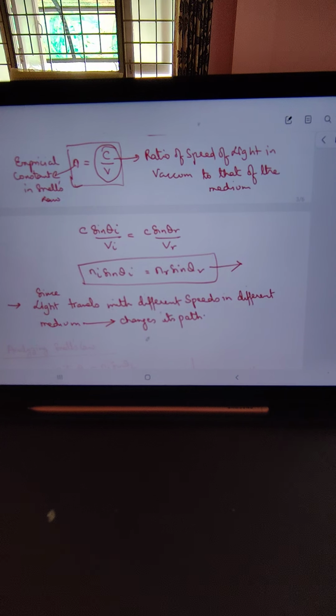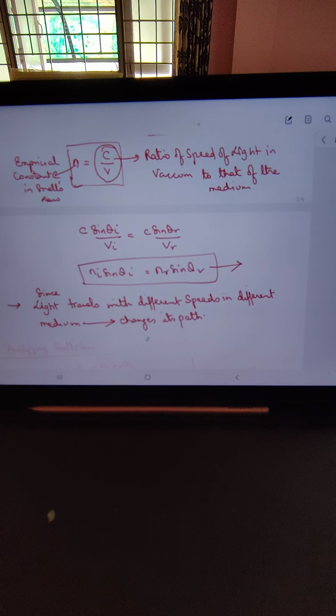If the light wouldn't have changed its speed while traveling from one medium to another, then it would always follow the same straight line path. So now we have got the theoretical understanding as to why the light bends when it travels from one medium to another. It is because it changes its speed, it also changes its direction. The two are related. This is the fundamental understanding of refraction.